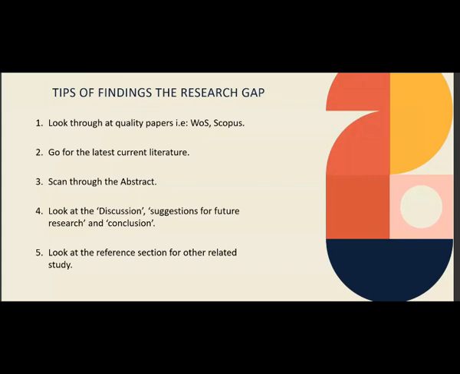And then also the conclusion part. In the conclusion, they usually give the identification of how they contribute knowledge in a certain area. So from there, with your critical reading, you can identify the gap that is not being covered, that is not being contributed.